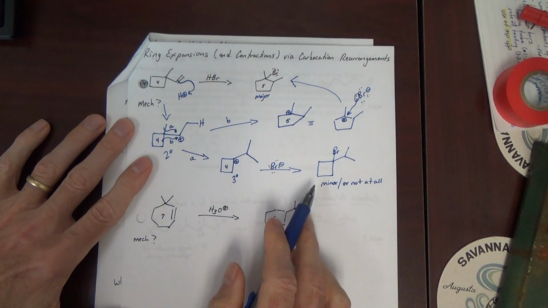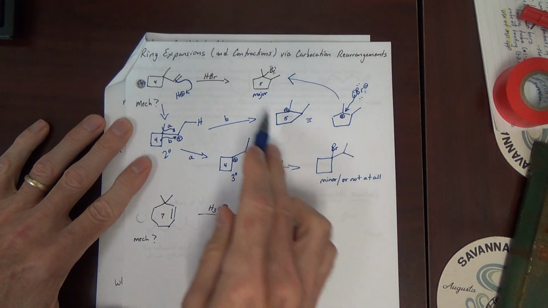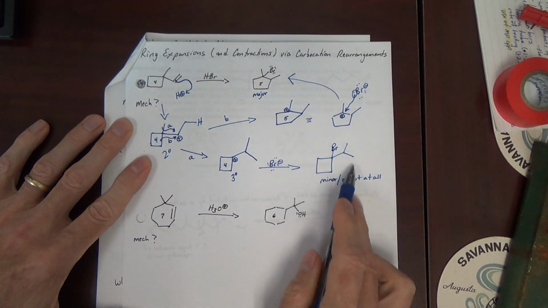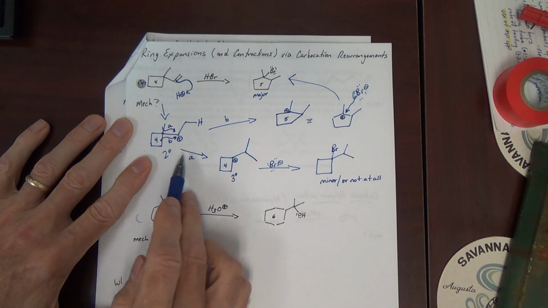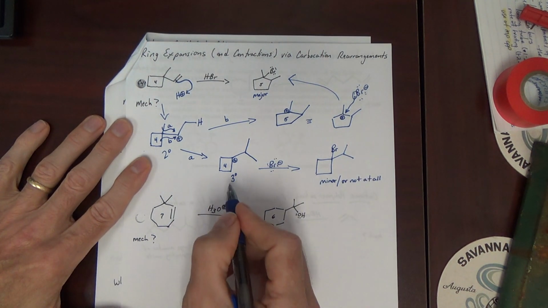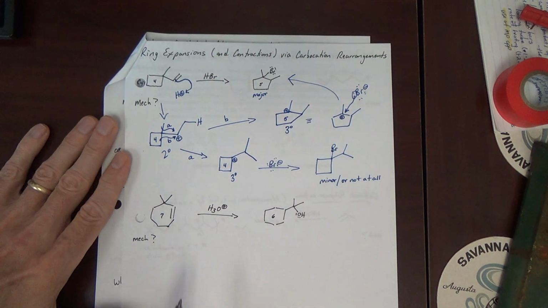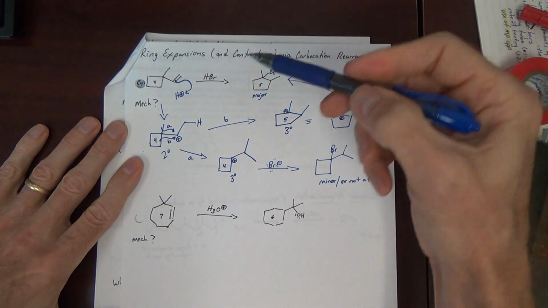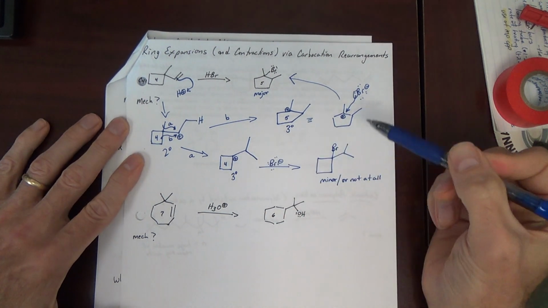I don't really know the ratio of products here other than that one. It may not be formed at all. The question is, it goes back over here. Why is B a better pathway than A? We made a tertiary carbocation. That's also tertiary. Is there any reason why this tertiary carbocation would be favored over this one?